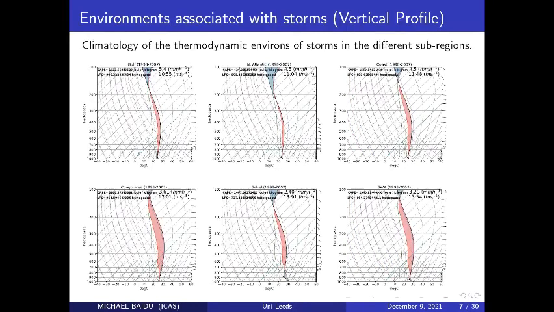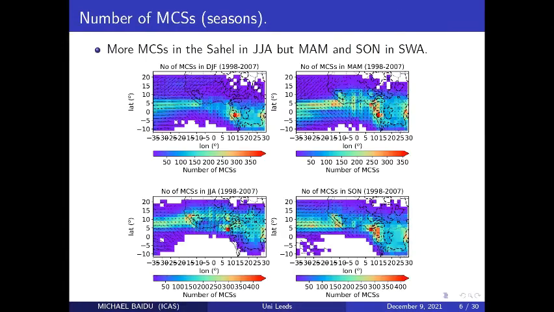That means that we have Southern West Africa being affected by two periods of intense storm events. In March, April, May, we have a lot of storms in Southern West Africa, and also in SON. So when you are computing the average, Southern West Africa is going to have more storms compared to the Sahel, which only receives storms in JJA. I hope that's clear.